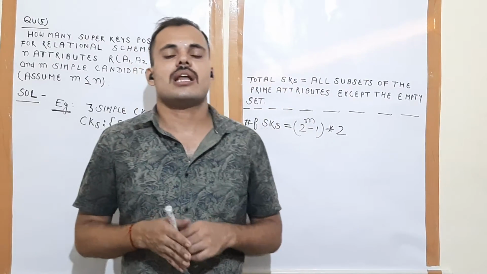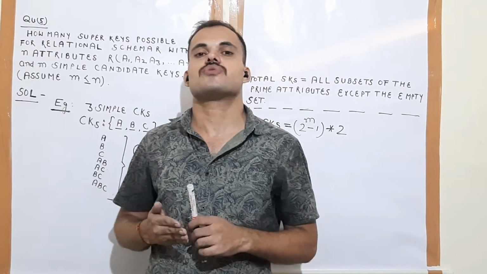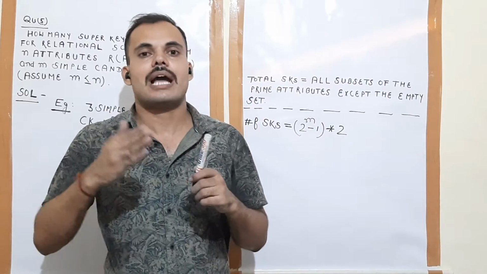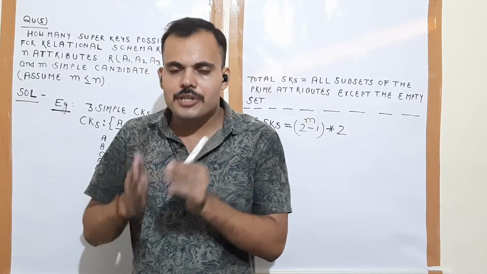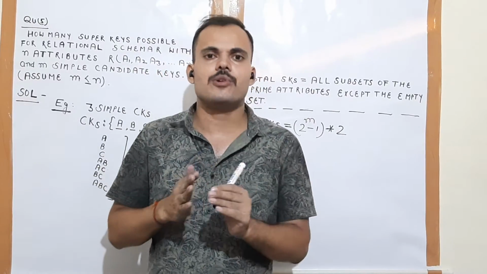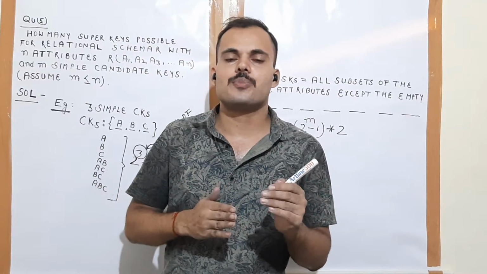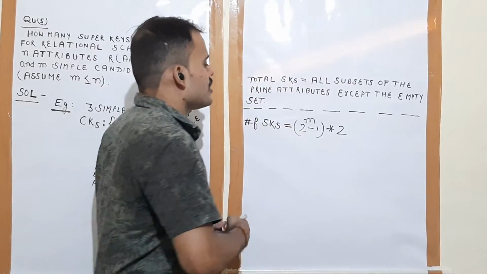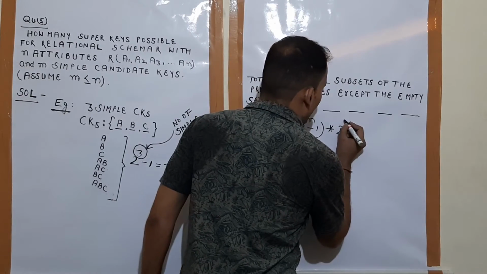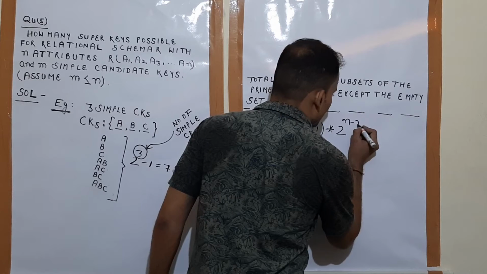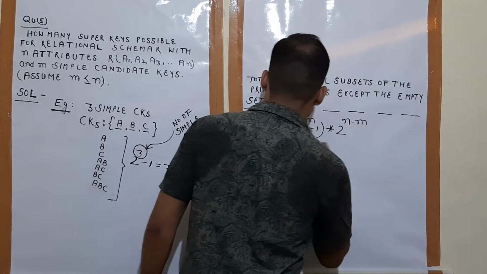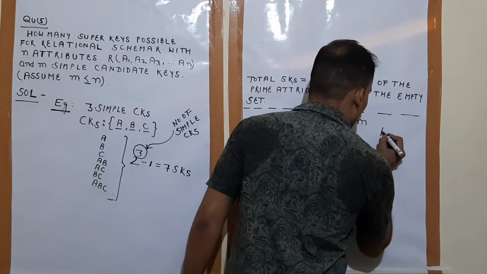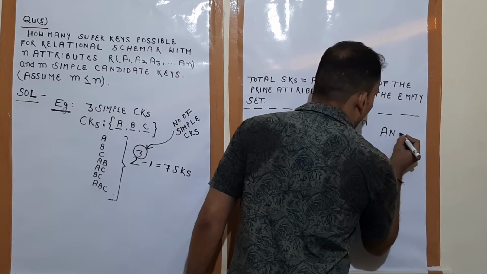Then the number of non-prime attributes will be n minus m, so 2 to the power n minus m. See, this is the answer of this question.